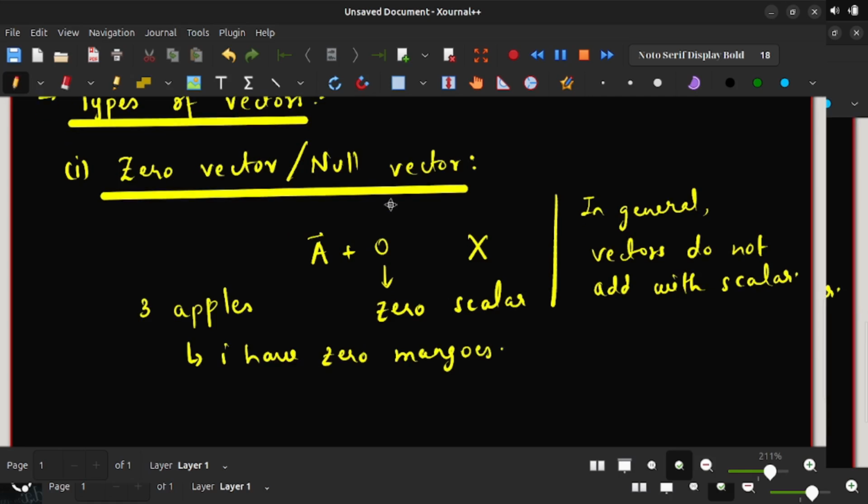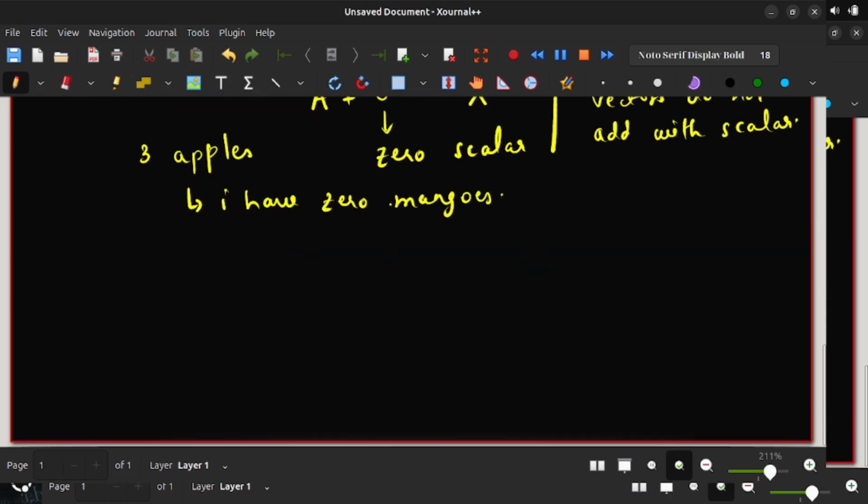So if I'm talking about vectors, then what does the 0 vector represent? The 0 vector is symbolically given like this. 0 vector.